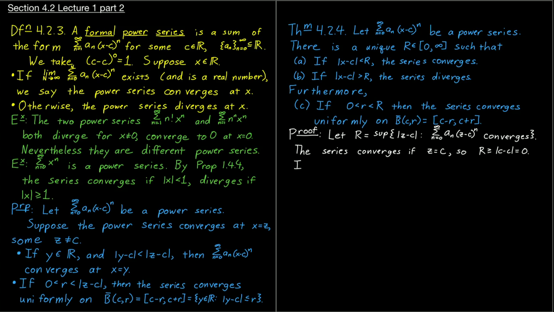And then if |x − c| is greater than R, then |x − c| is not in the set. It's bigger than the supremum, so it can't be in the set of all |z − c| such that the series converges at z.